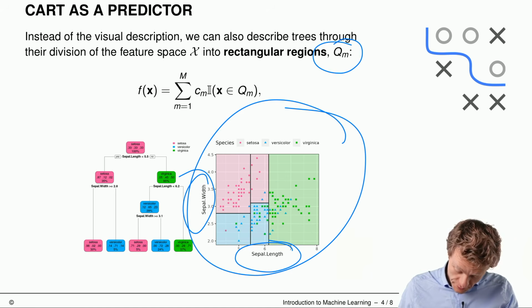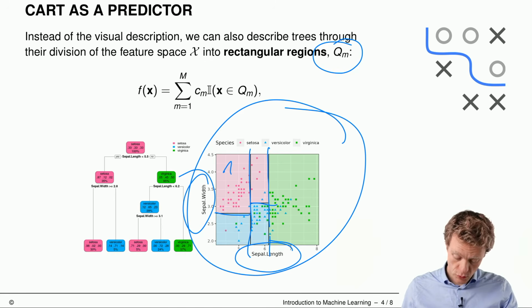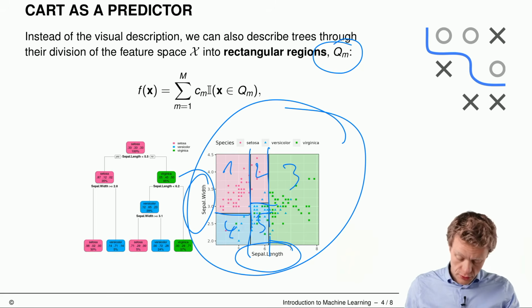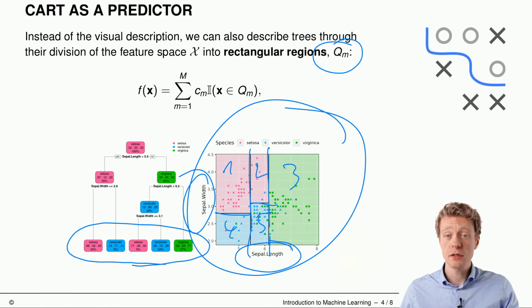So we have some splits. Here's a split, there's a split, there's a split, and there's a split. And in the end we have 5 different regions, 1, 2, 3, 4, 5, which correspond to the 5 leaf nodes, so the 5 ultimate nodes of the CART.